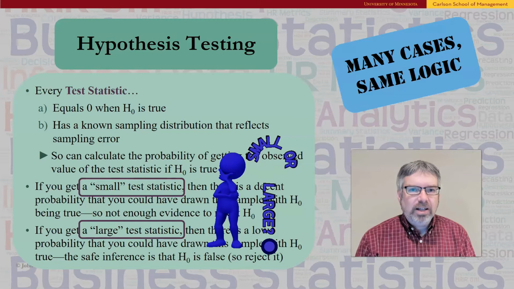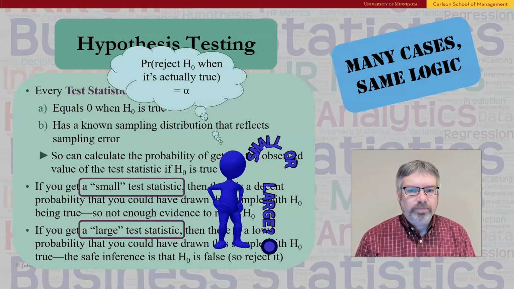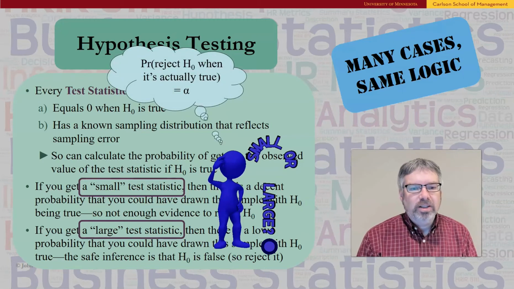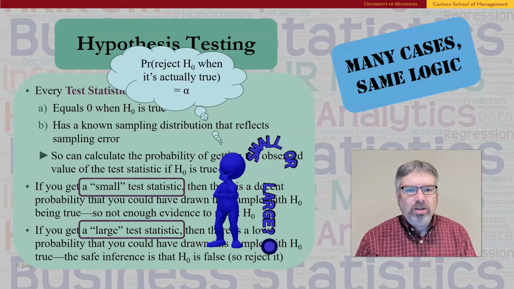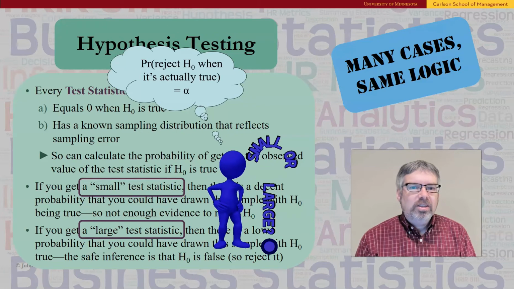That's really a key idea within hypothesis testing. And how we're going to define the dividing line between small and large is the probability of making what's known as a type 1 error. What's the probability that we reject the null hypothesis when it's actually true?